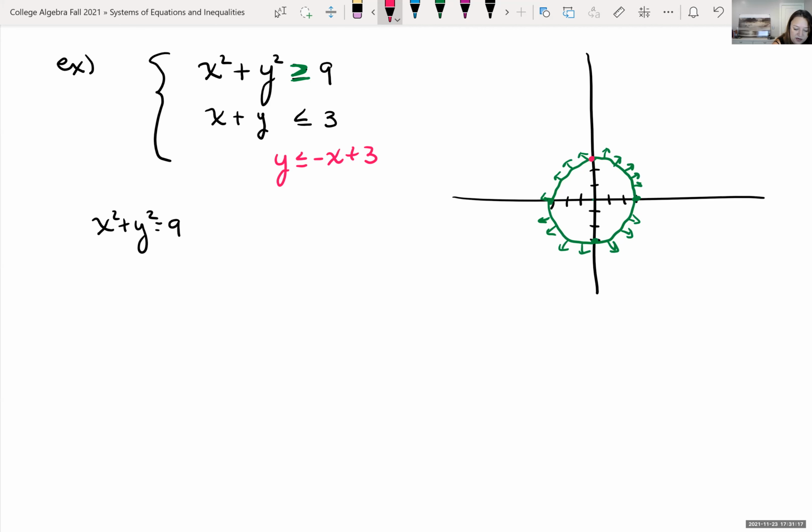So if I go down 1, I'm going to go over 1. Down 1, over 1. Down 1, over 1. Looking at this, it looks like by my graph that this is crossing, and I can show that algebraically, at 0, 3 and 3, 0.